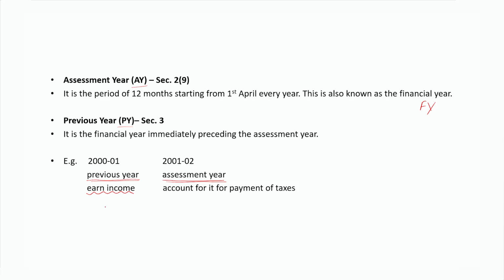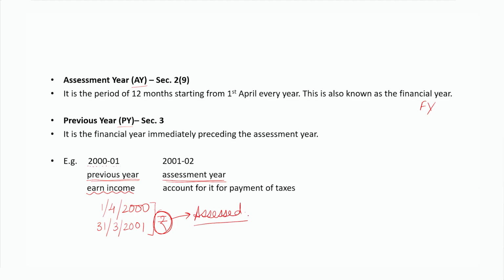So let's say, for example, you start earning from the 1st of April of the year 2000, right, and we are saying that your year is going to run from 2000 to 2001, which means it's going to end on the 31st of March of 2001, right. So whatever income you have earned during this period, that will now be assessed, right?